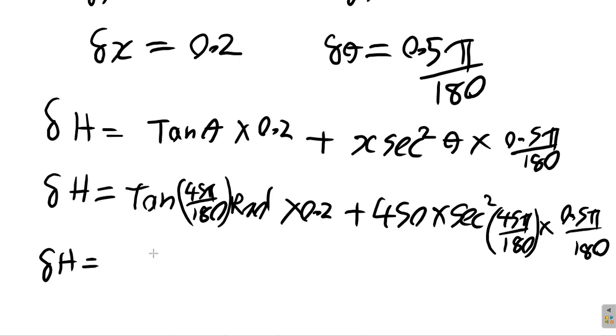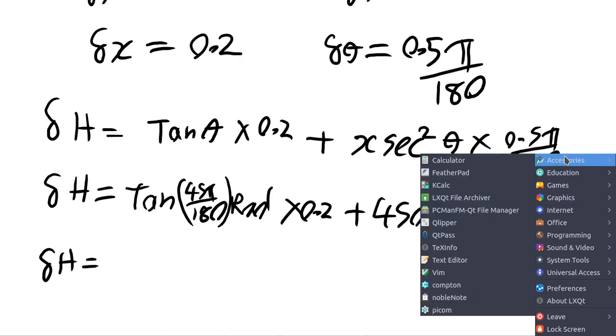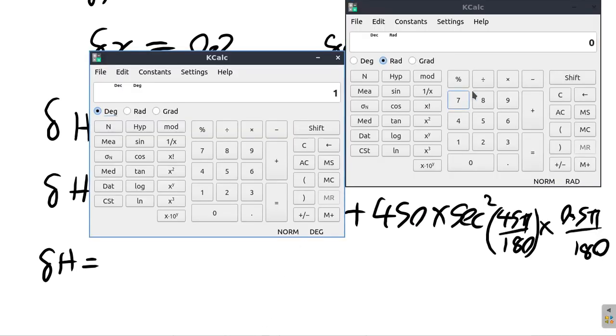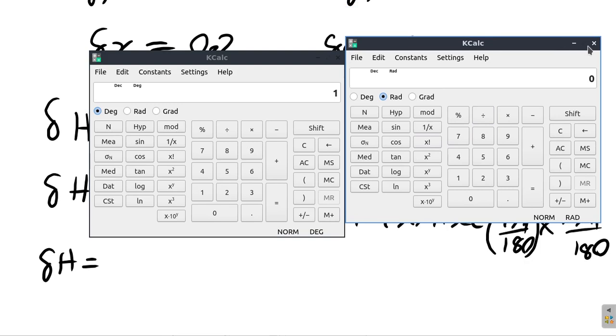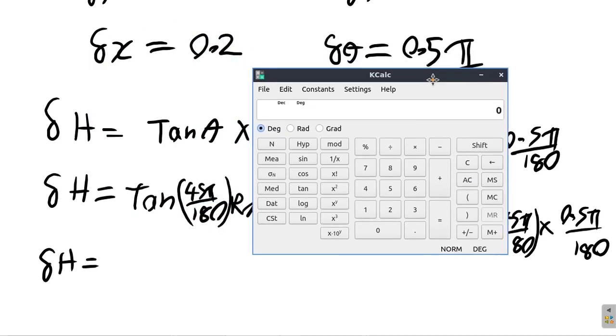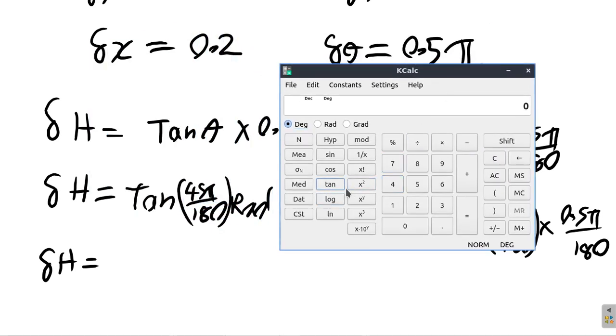Now, let's work it all out. Let's get back to our calculator. So what we have is 45 times, I don't know why they don't give the pi on this calculator. That's strange.